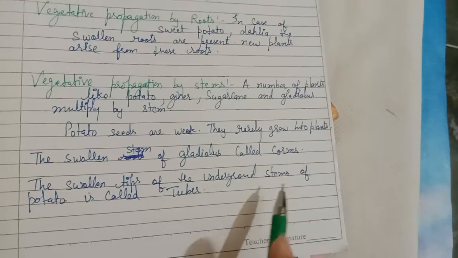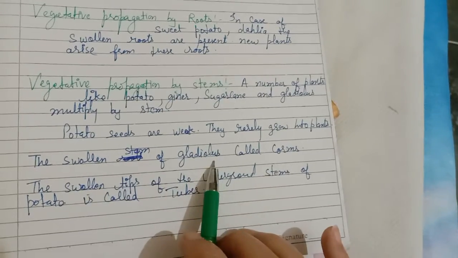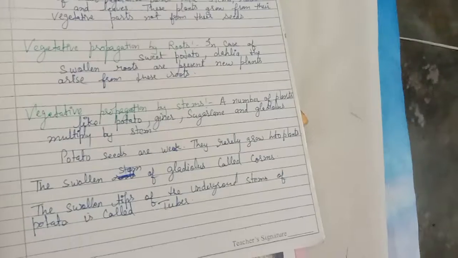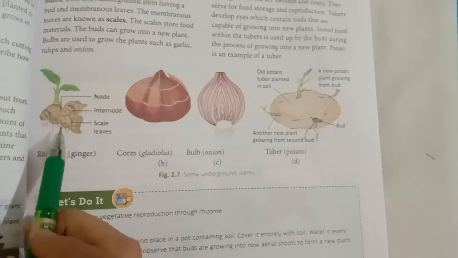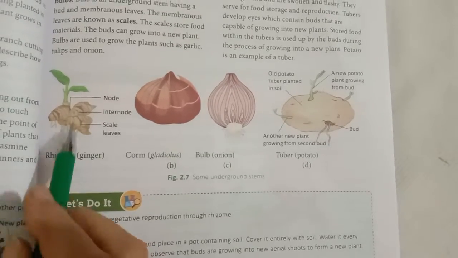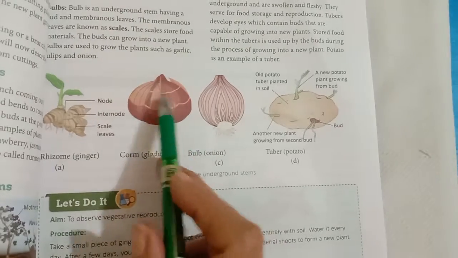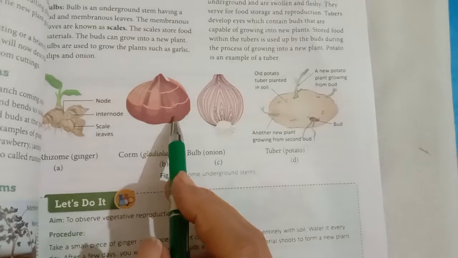The swollen tip of the underground stem of the gladiolus is called a corm. Students, you can see here that the swollen stem of the ginger plant is called the rhizome. Here the corm is the swollen stem of the gladiolus plant.